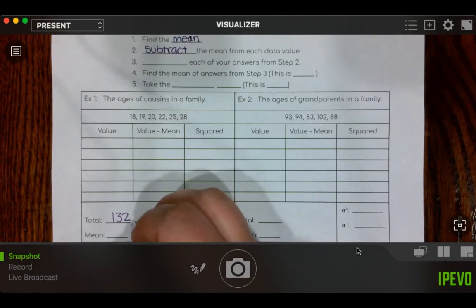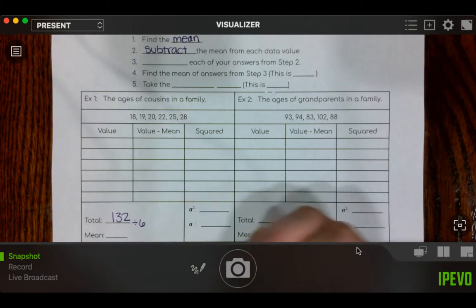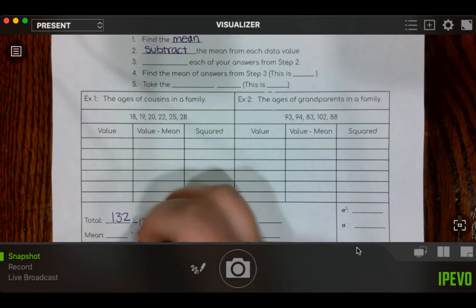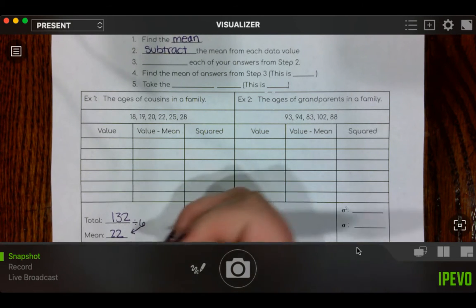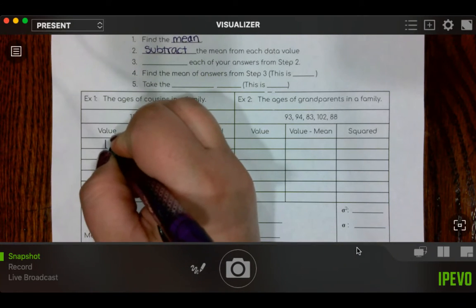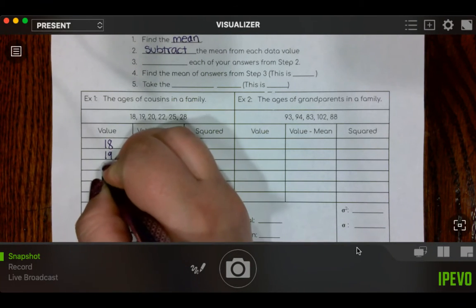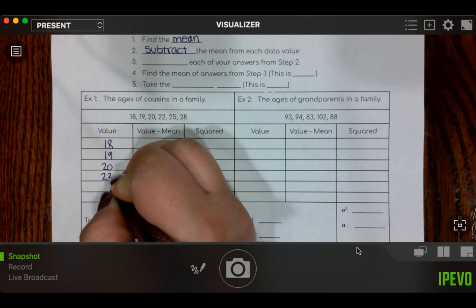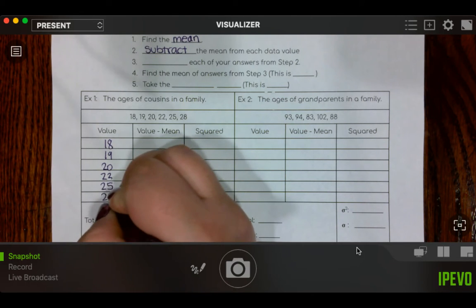And for my mean, I'm dividing by 6 because there's 6 numbers. It's 22. Then what I'm going to do is list all my values. 18, 19, 20, 22, 25, 28.